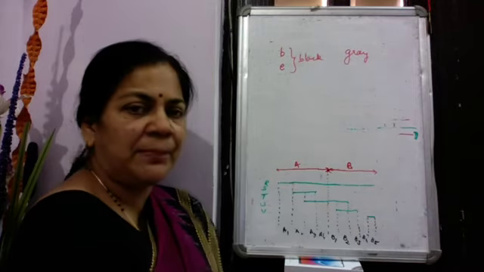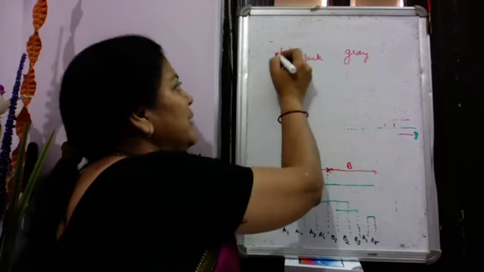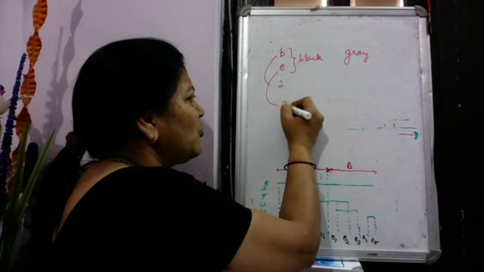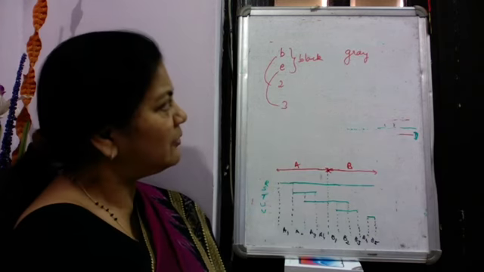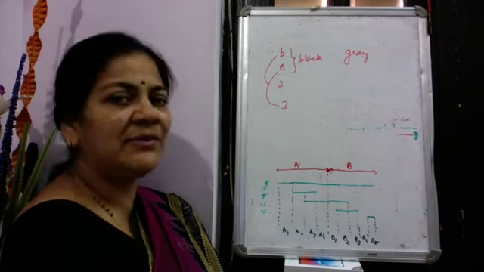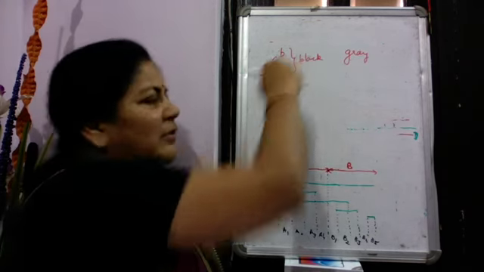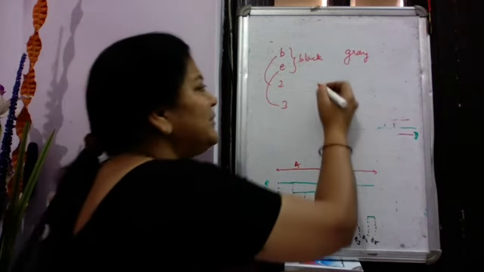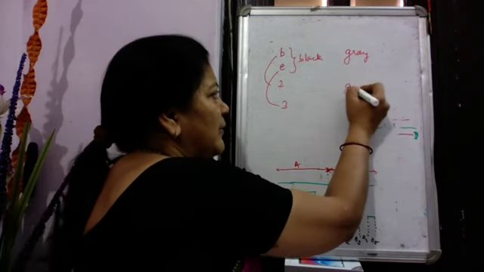Now gene mapping analysis has shown this one to be on chromosome number 2 and this one on chromosome number 3. What scientists have done is they crossed B and E and found the heterozygotes to be all grey.